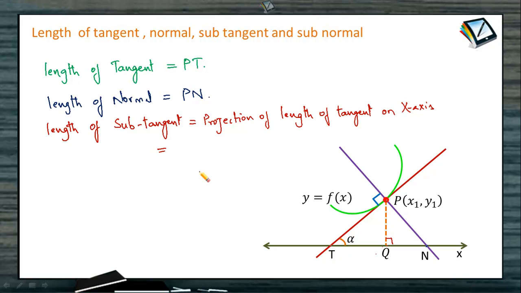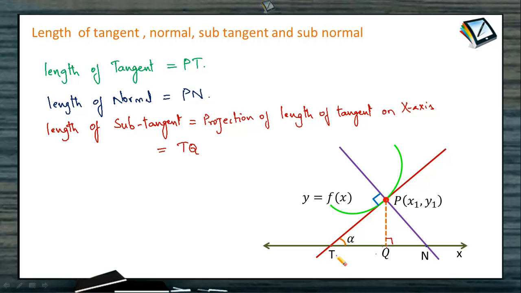That means this length TQ is the length of the subtangent. So what does subtangent actually mean? Subtangent is nothing but the projection of the length of the tangent on the x-axis. That's why from P we are dropping a perpendicular on the x-axis, where the foot of the perpendicular is Q. From T, when you drop a perpendicular on the x-axis, it will be T itself.